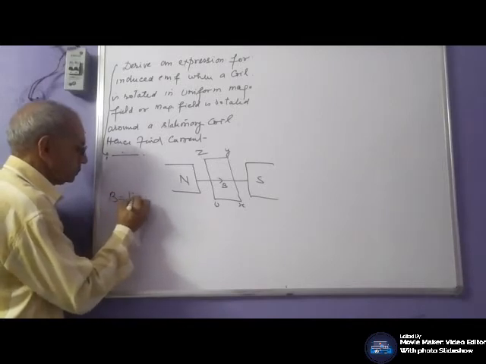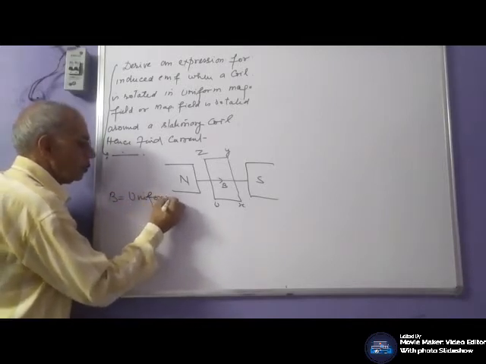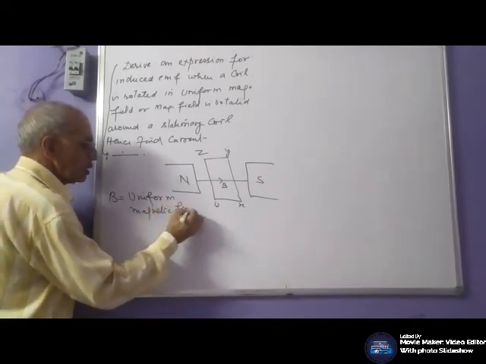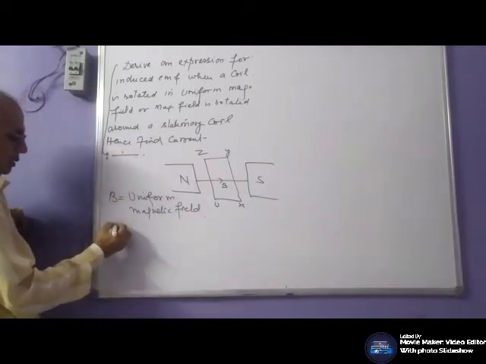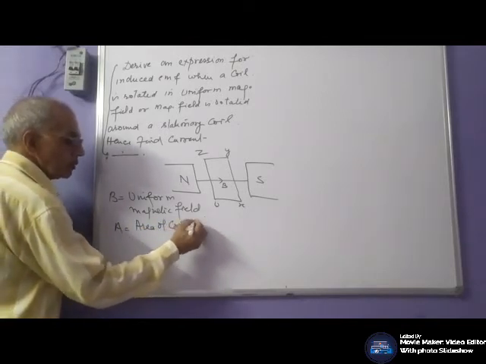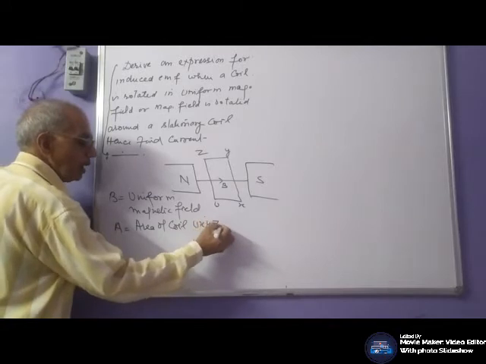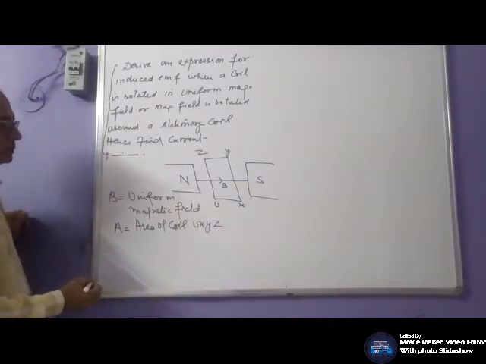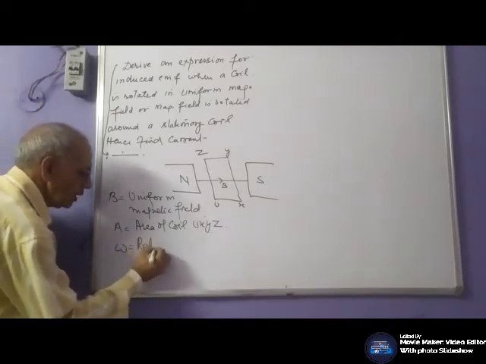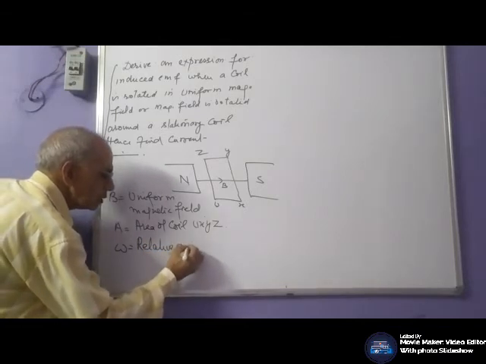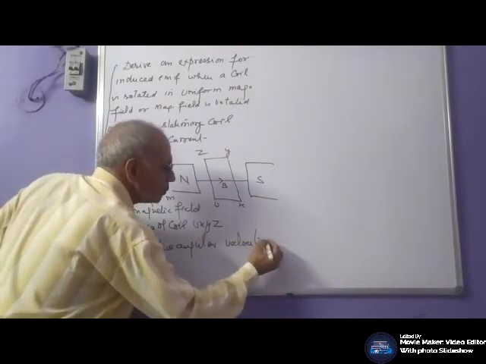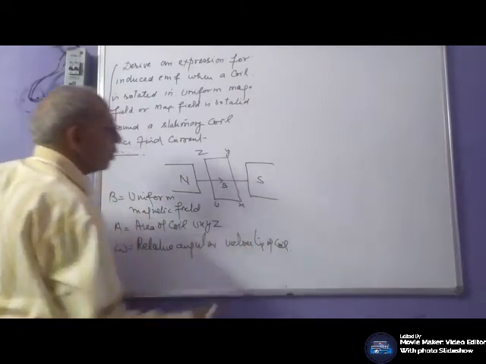B is uniform magnetic field, A is area of coil, and omega is relative angular velocity of coil.